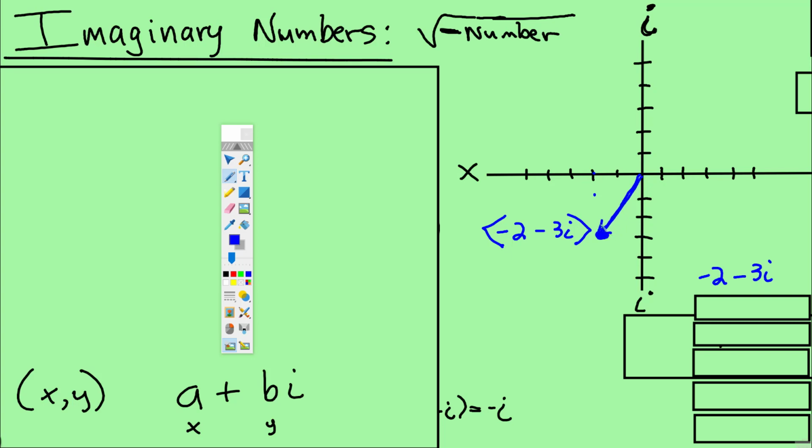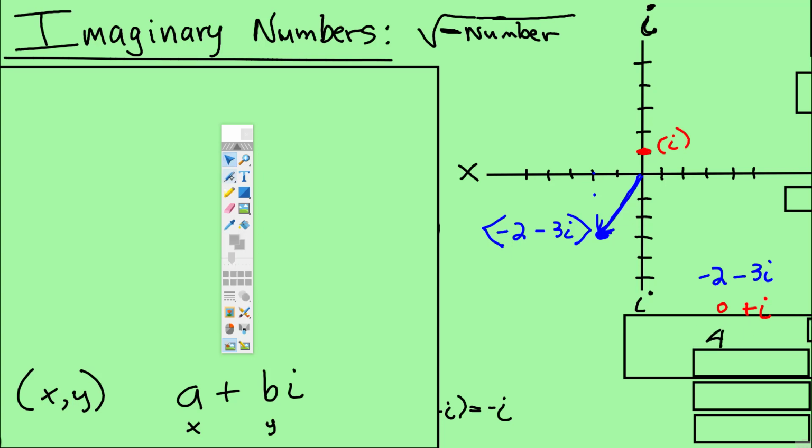There's your vector, and you use the imaginary plane. But let's just plot the complex points, no more vectors. What if you just have i? Well, think about that as 0 plus i, so 0 on the x-axis and up 1. So that point right there would just be i, or 0 plus i.